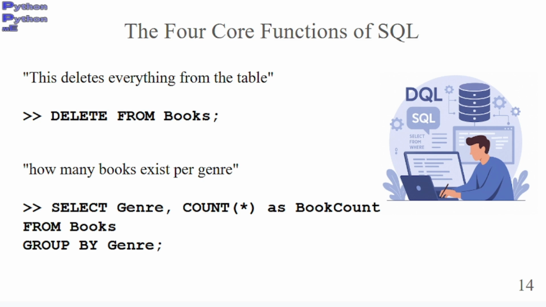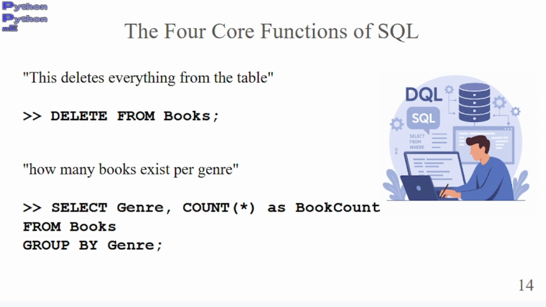Let's move on to the next command. Let's say we would like to see how many books exist per genre. If we want to group our books by genre and count how many of them exist, we will have to use another clause called the group by clause. The group by clause groups similar genres together, and the count star tells us how many books fall under each.